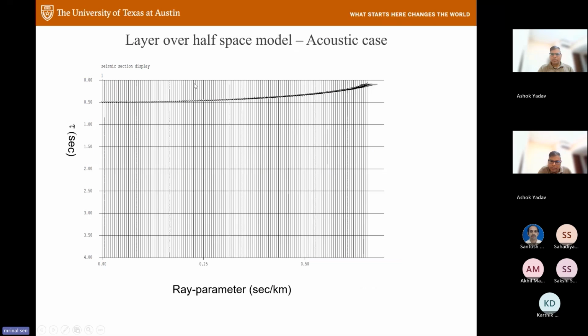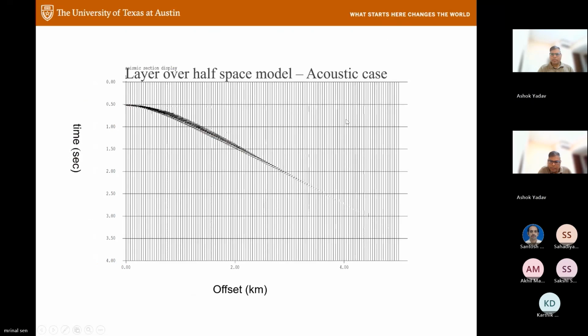Good. So the reflection coefficient is increasing with p in this case. But then the scene completely changed here. It's now saying that there's some increase, but then it is decreasing. So what is happening here? Did we add a new effect here?